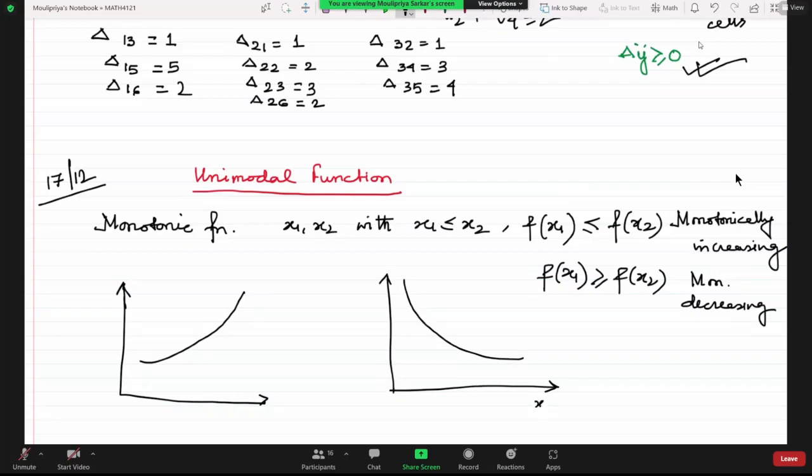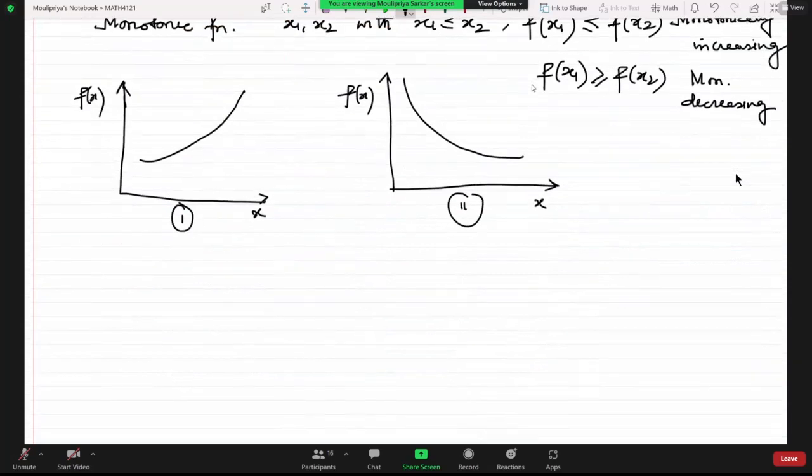If this is my x and this is my f(x), can you tell me which of the curves in the given figures is monotonically decreasing? Number 2. Number 2 is monotonically decreasing and number 1 is monotonically increasing.